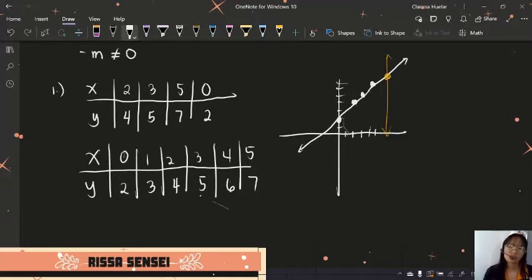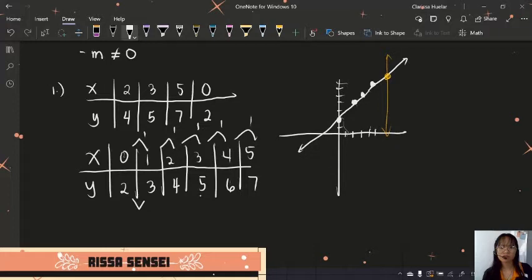Okay. So, ano yung gagawin natin? Ang gagawin lang natin is to get the difference. So, that's 1 minus 0 is 1, 2 minus 1 is 1, 3 minus 2 is 1, 4 minus 3 is 1, 5 minus 4 is 1. So, the difference is 1.